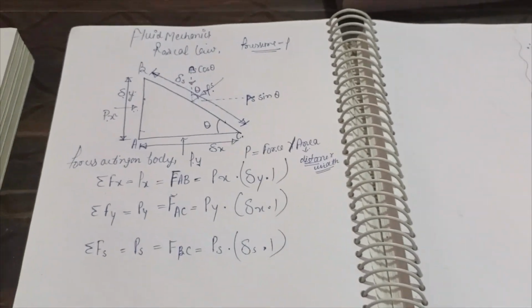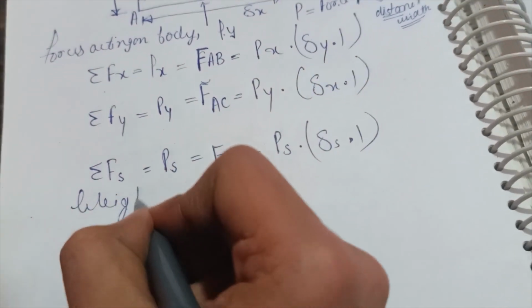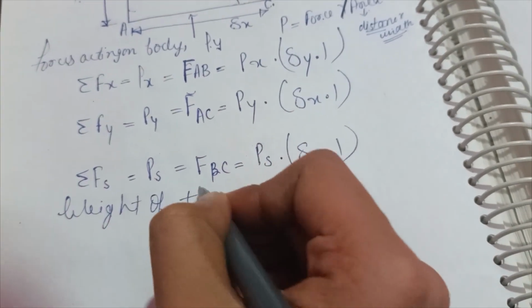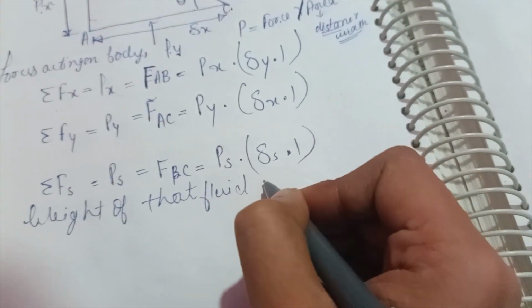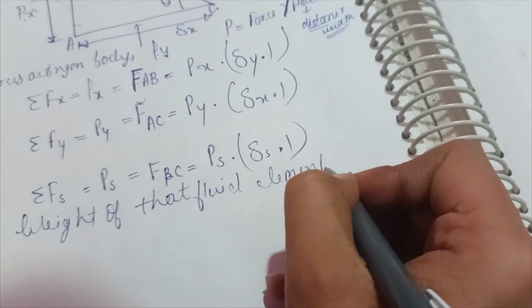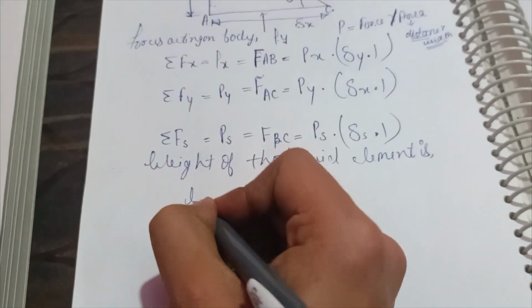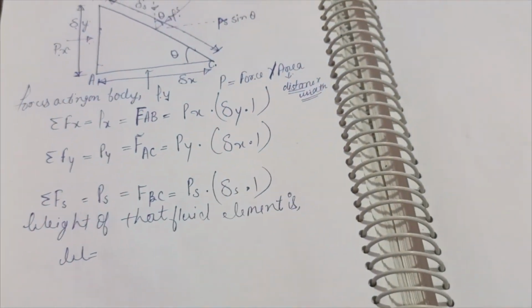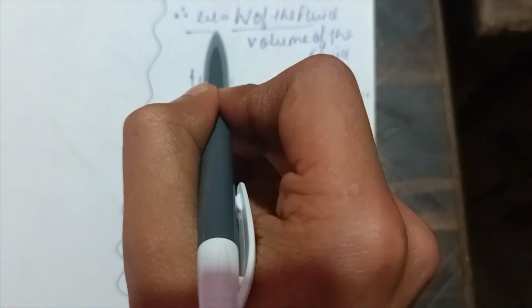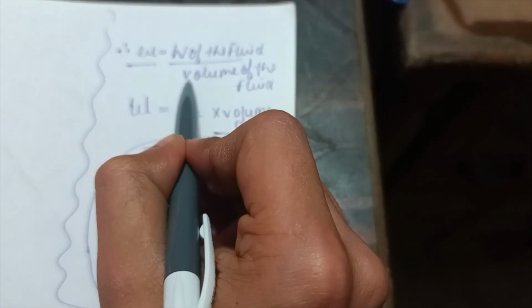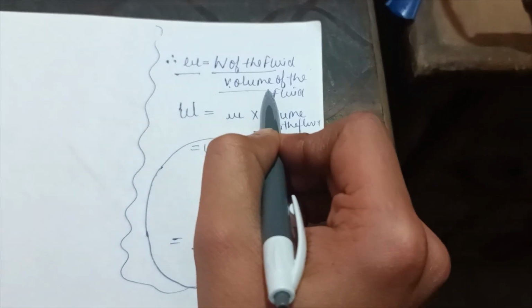Now, what is the weight of that fluid element? Weight of the fluid element is W. We know specific weight of any fluid is weight of the fluid by volume of the fluid.